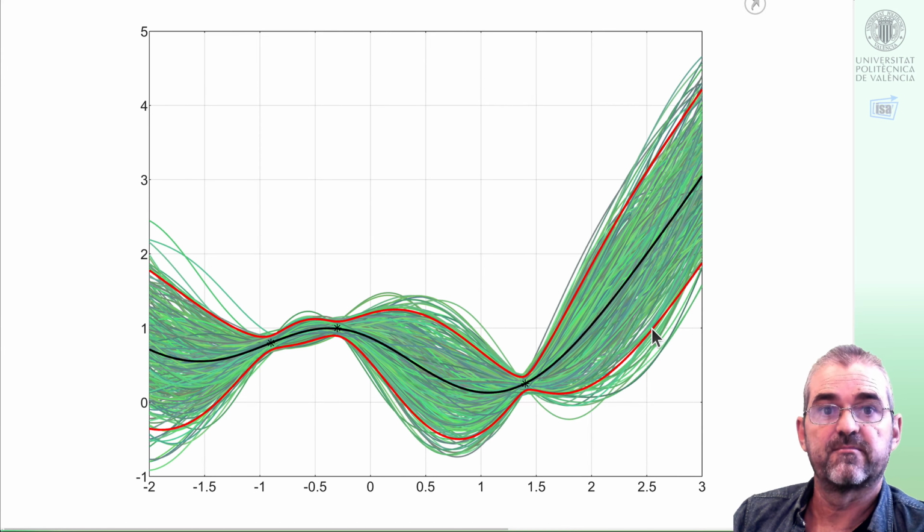So in this 400 it will be like 20 of the lines should be outside the red limits.